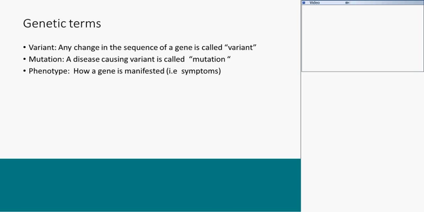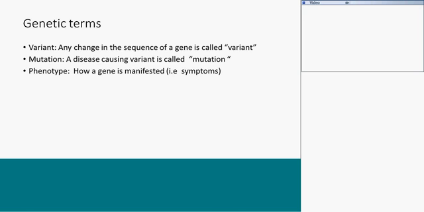Now, let's get to some terms that I'm going to use throughout this presentation, so I do not have to define them every time. A variant is any change in the sequence of a gene; again, it's any change in one of those letters. A mutation is basically a variant that causes a disease. This is what geneticists refer to. You hear the term mutation a lot, and people usually use it interchangeably with variant, but they are not the same.